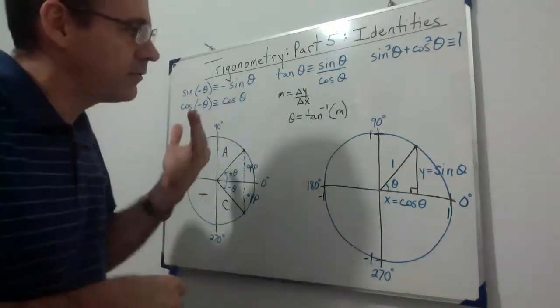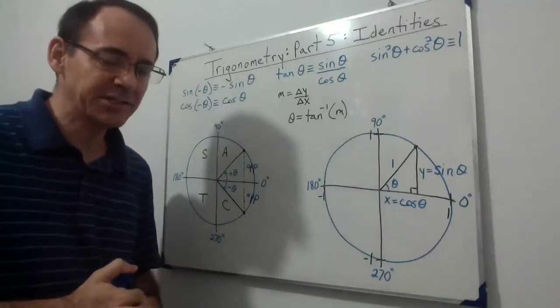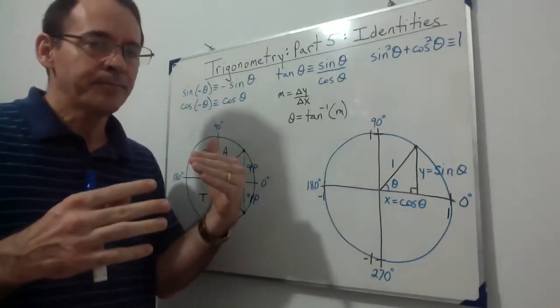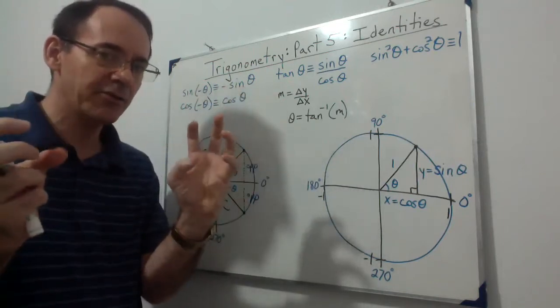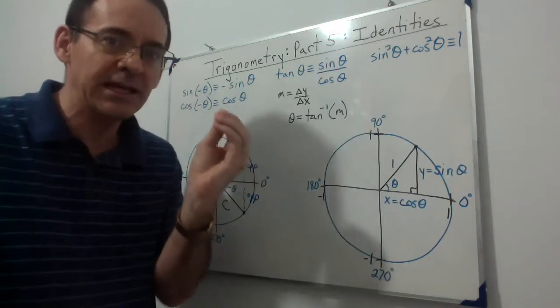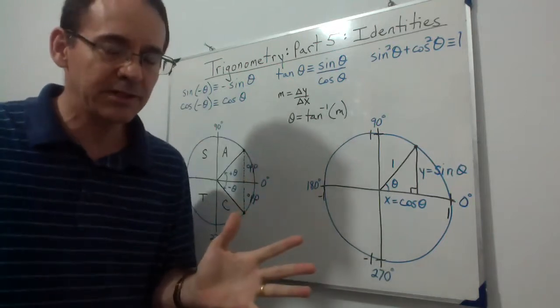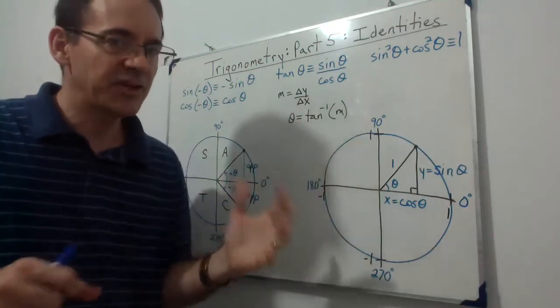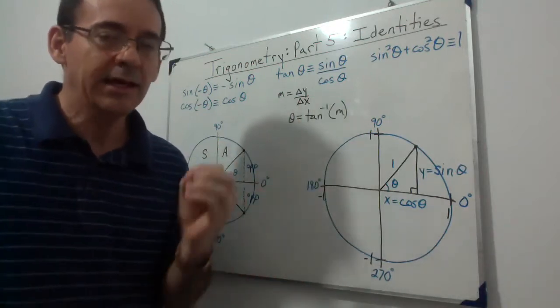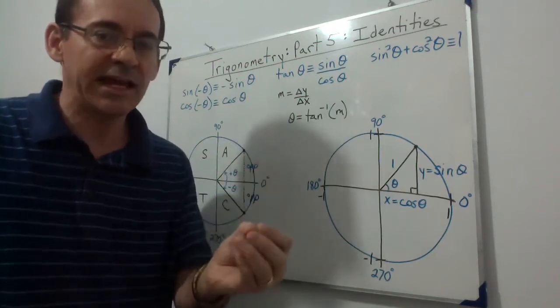So if we look for those algebraic connections, it can help you bridge those two systems and see how they're just different ways of looking at the same thing. That's what math is. Math is about modeling reality. And sometimes there's more than one way to model the same reality.